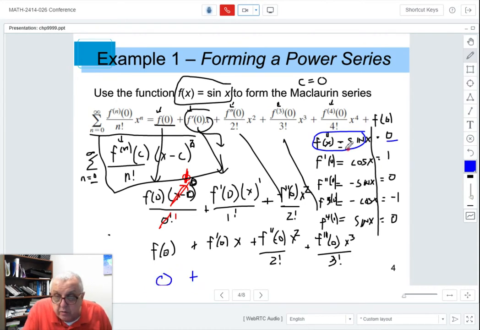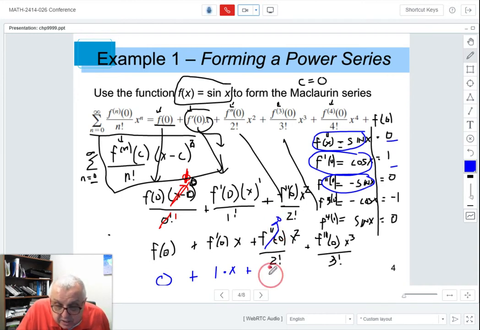If I plug 0 into the second function, I get 1, so this ends up being 1 times x. If I plug 0 into the third function, I get 0, and 0 times anything is going to be 0. If I put 0 into the next function, I end up with a negative 1.